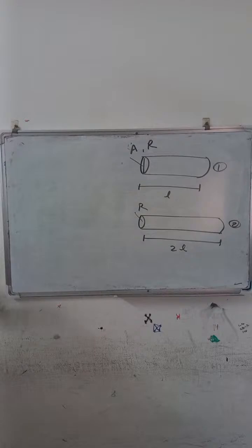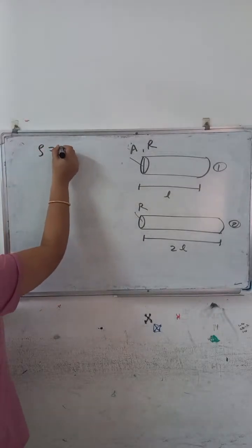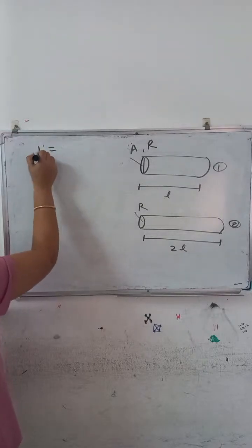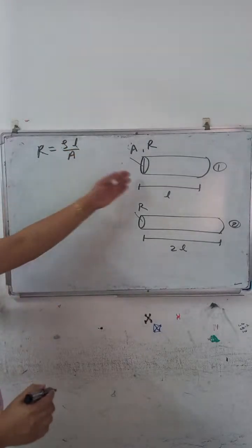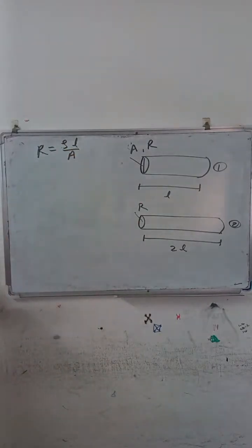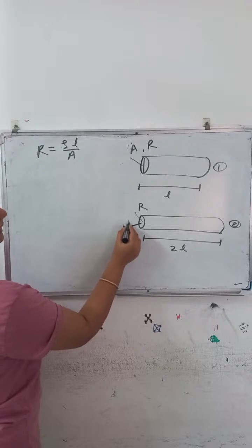We know that R is equal to rho L by A. This is for the first conductor. In the second case, suppose the area is A dash.